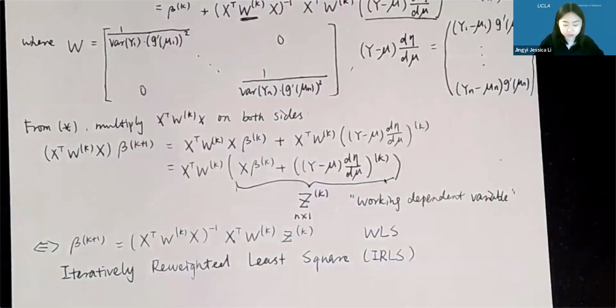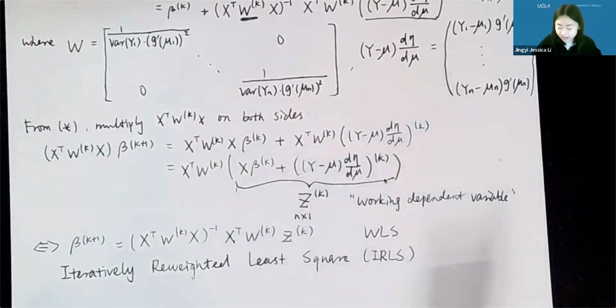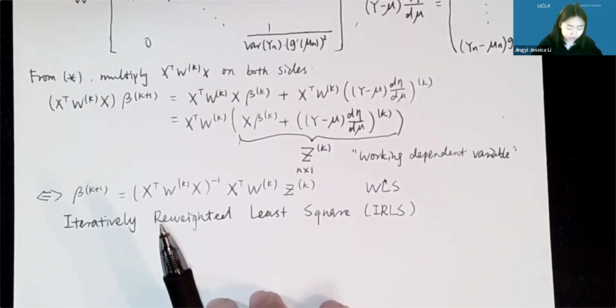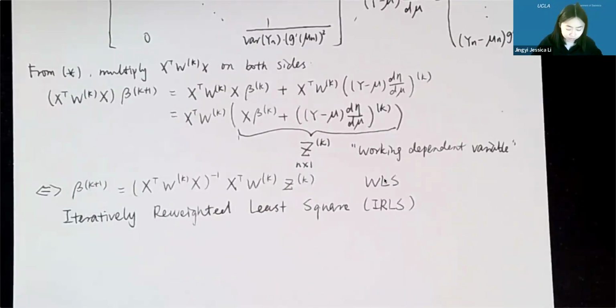So in your next homework, you will be asked to actually try coding this yourself, and you will be able to see that this can help you find the beta hat parameter estimates once you reach convergence. So nothing fancy, you're just doing weighted least square iteratively. Okay, so that's the algorithm part. Do we have any questions before we continue?